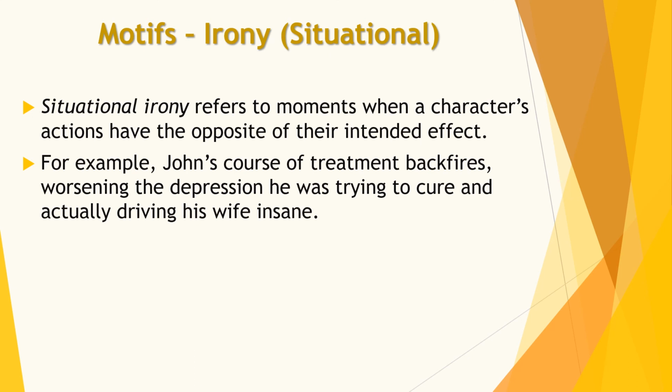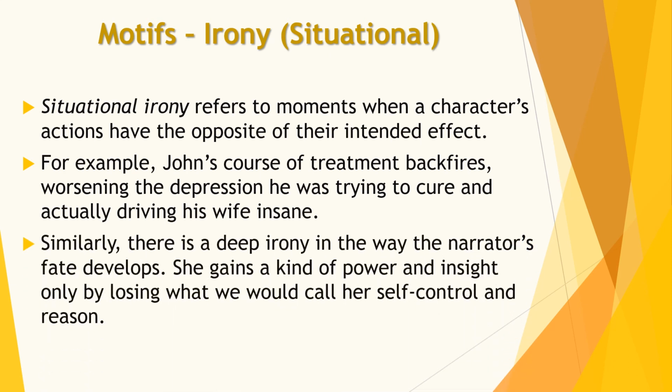The treatment actually drives his wife insane. Similarly, there is a deep irony in the way the narrator's fate develops. She gains a kind of power and insight into what she needs to be happy and what she needs in her life, only by losing what we would call her self-control and her reason.